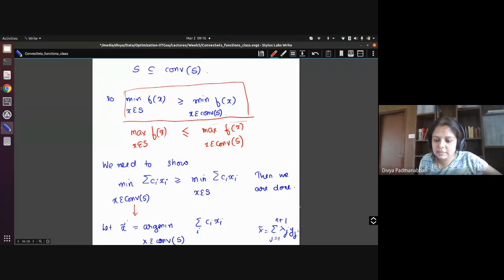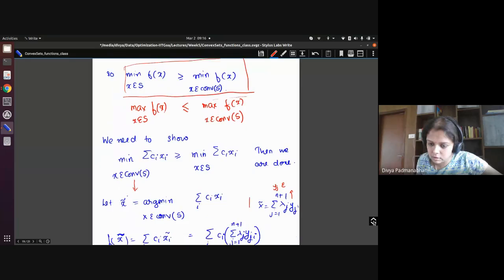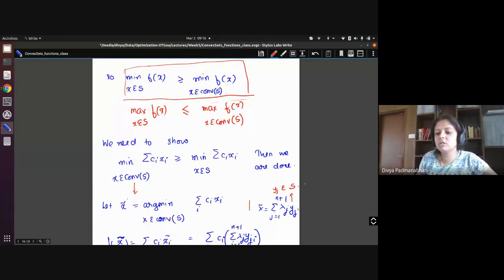So this is something that you can write. These y_j's are all in S, because this is from Caratheodory's theorem. So all these y_j's belong to S.